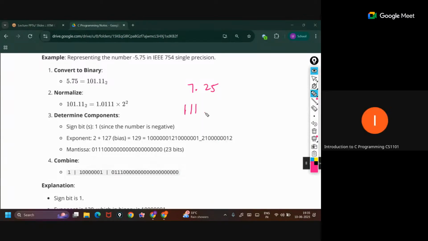Yes, 111 point. We have 0.25. So 0.25 into 2, what is the value? 0.5. So we take 0. Then 0.5 into 2 is 1.0, so we stop. We have got 1. So 0, 1. So 111.01 is the combined value. Is it clear?